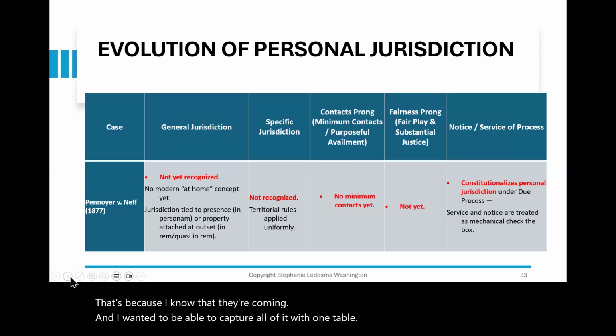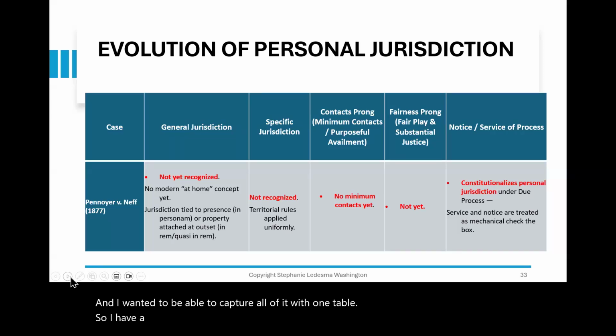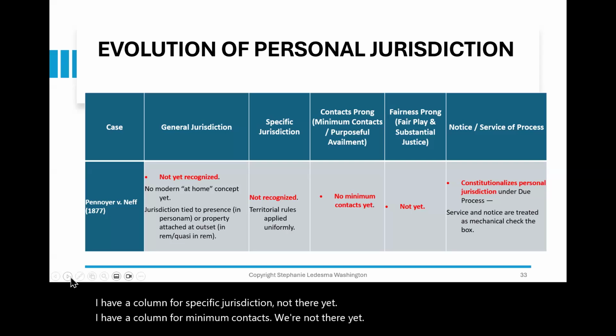So I have a column for general jurisdiction. We're not there yet. I have a column for specific jurisdiction. We're not there yet. I have a column for minimum contacts. We're not there yet. I have a column for fair play and substantial justice. We're not there yet.